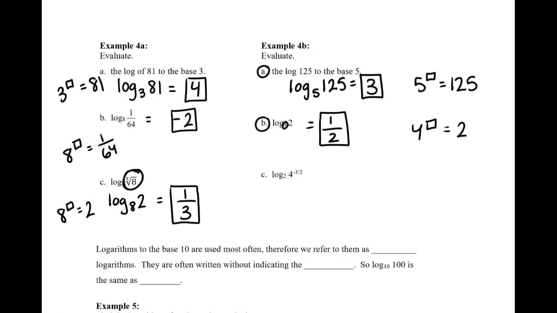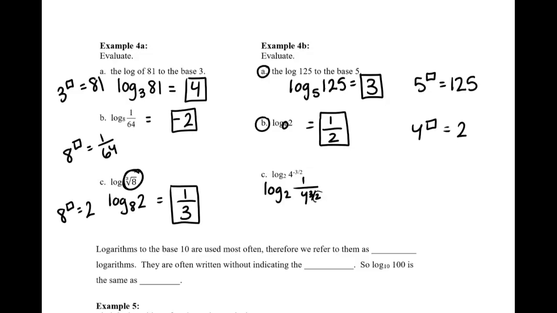C is a little bit different. I'm going to rewrite it a couple times. So log base 2 of 4 to the negative 3/2 is log base 2 of 1 over 4 to the 3/2. Now, this was, I think, in the last lesson, so we can simplify 4 to the 3/2. 4 cubed I can do, but I tend to go with the root first.